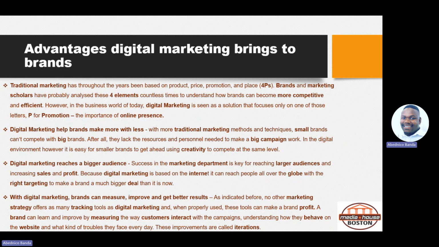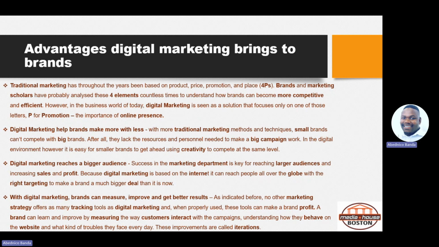Then digital marketing can reach a bigger audience, especially now when you compare it with traditional marketing, like marketing on television. Nowadays, there's load shedding, guys. So if there is an advert that was going to be aired during prime time, or when Generations or Imbeu or House of Sweden is being aired, and people are load shedding in a certain community, it means that they're not going to see that advert.